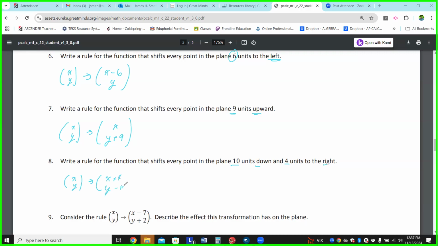Is it down? Yep, minus 10. Perfect. We still saw it? All right, last one. What is happening here? Describe the transformation. Left 7, up 2. That's a 2.